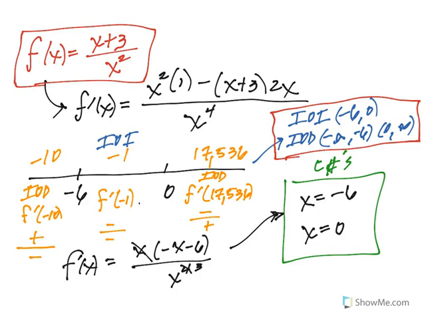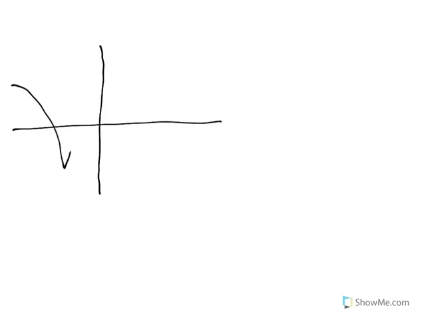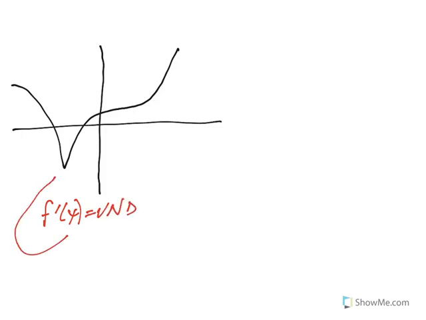Critical numbers will give you potential changes in increase, decrease, but the only way to determine it is to put it on a number line and test. For instance, you could have a function that looks something like this, where you have the first derivative being undefined at one spot.